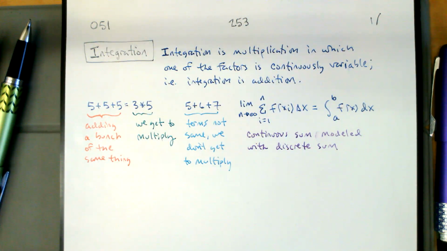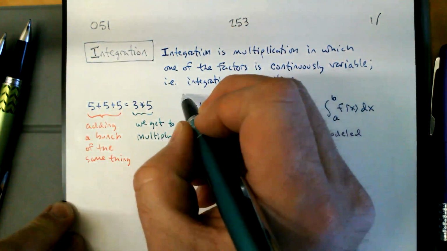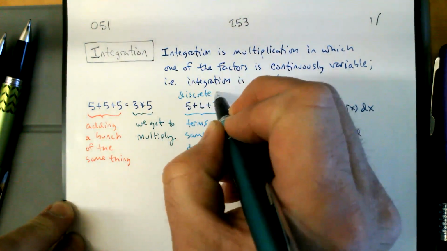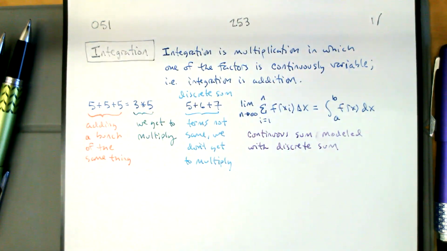So we have a definite integral that will represent our continuous sum. It's because one of the factors is continuously changing. Over here, 5 plus 6 plus 7, this is a discrete sum. The discrete sum has a next term, the continuous sum does not.